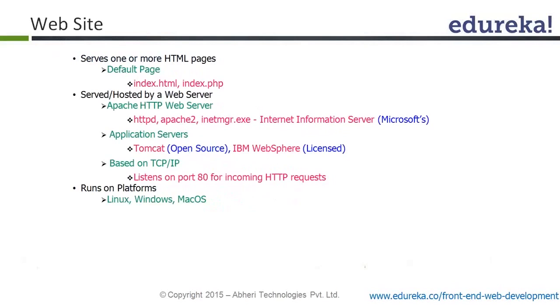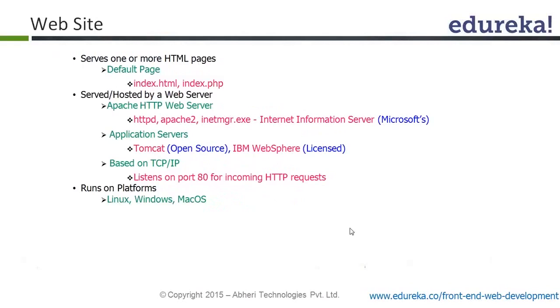And note that these web servers or application servers could be running on any platform: Windows, Linux, Mac OS, any OS which can run a process. If you have the source code of that HTTP or application server, you can just compile it and start running it.